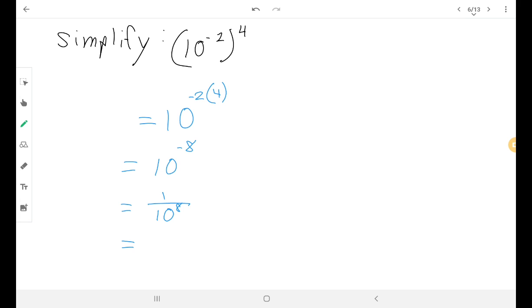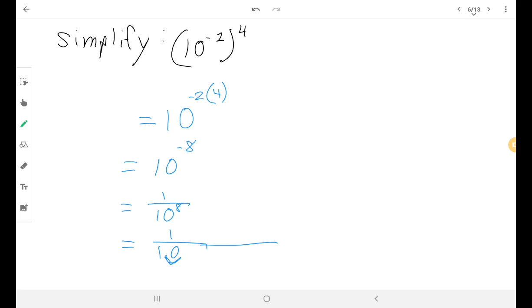And then 10 to the 8th is actually easy to do. 10 to a power shifts the decimal from 1.0 that many times. So 10 to the first would just be one place, and so 10 to the first is 10.